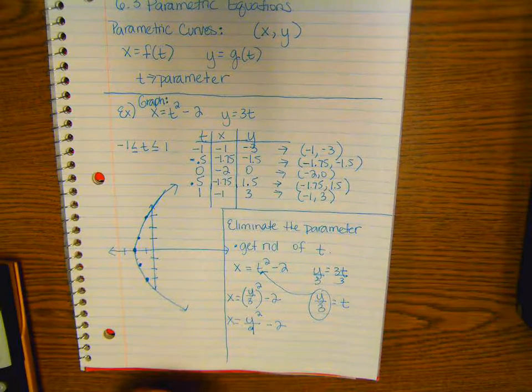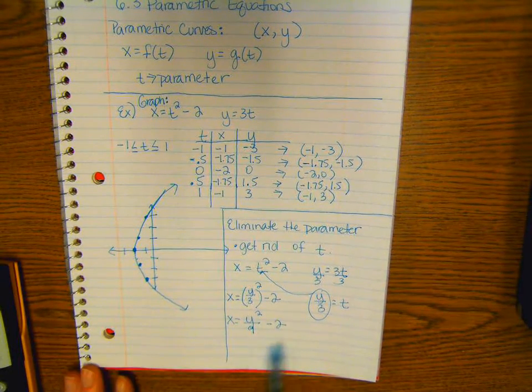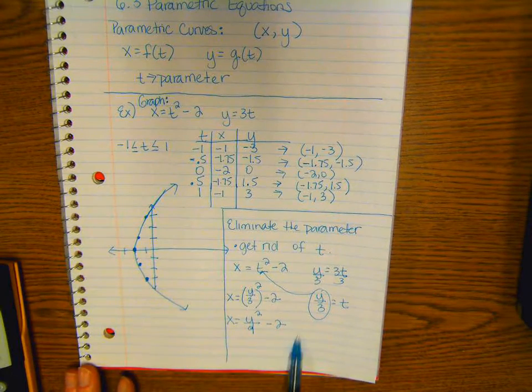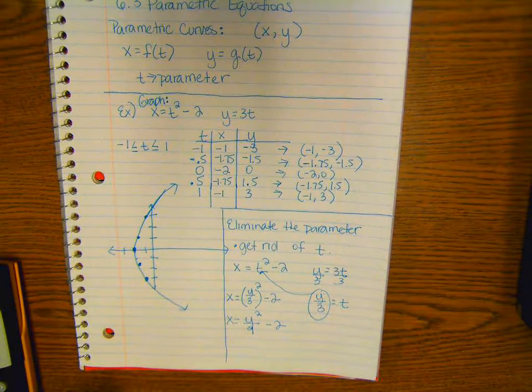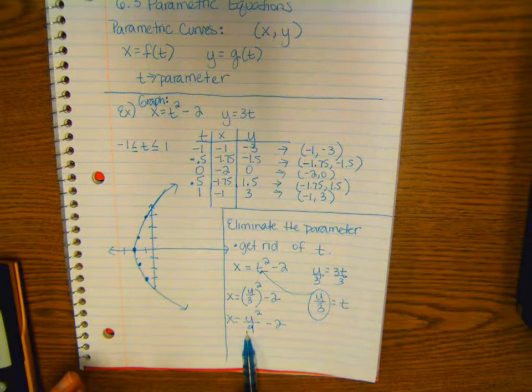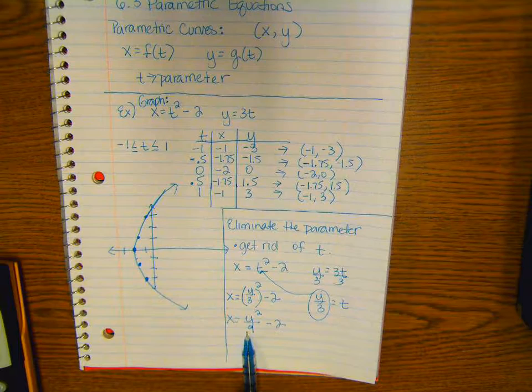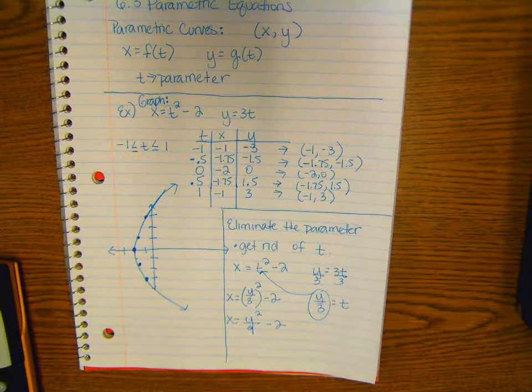Alright, so now do you see how I have an equation with just x and y? And so I've done what I asked you to do, which is eliminate the parameter. By the way, I hope maybe you remember this from equations, like when you did the section on ellipses and things. An x equals y squared is a parabola on its side. Just like if we had y equals x squared, that's an up-down parabola, and x equals y squared is a parabola on its side.